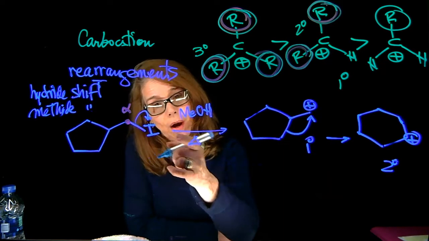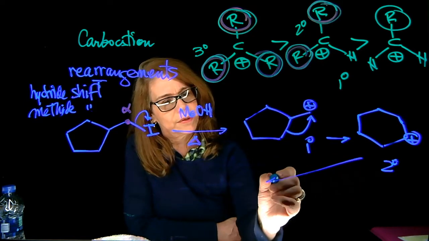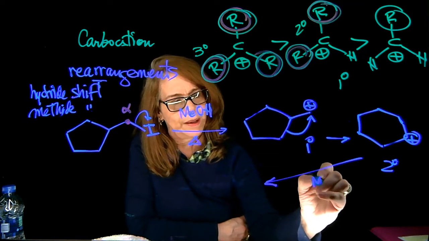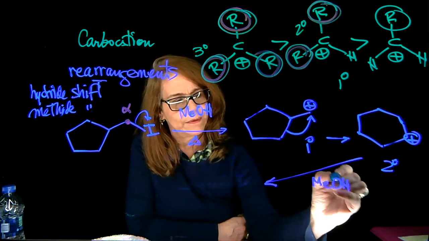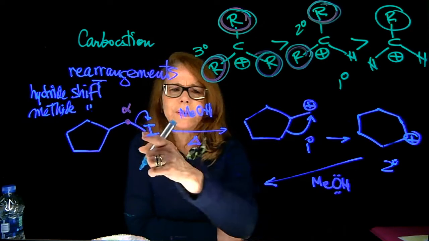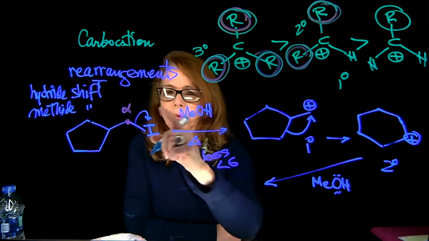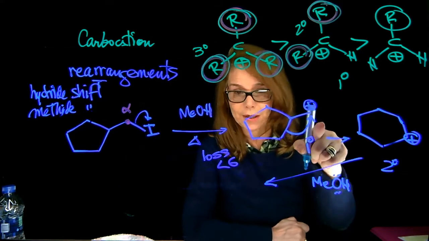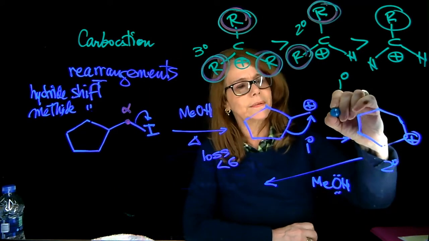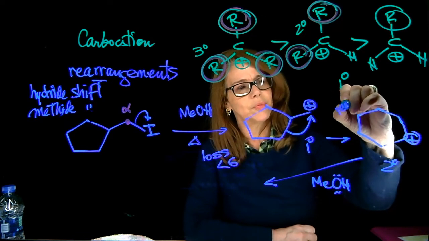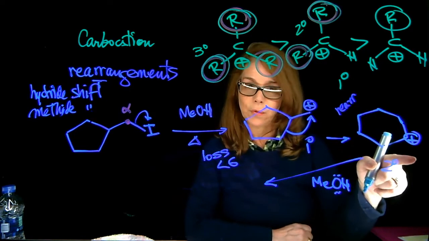If you are in conditions of a solvolysis, the first step was the loss of the leaving group, iodide departed, and you form a carbocation that is primary. The second step here is the rearrangement to form a secondary.